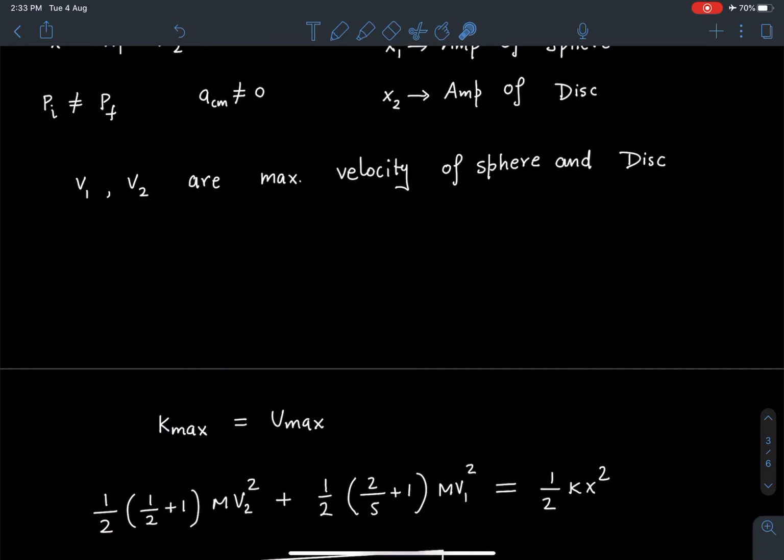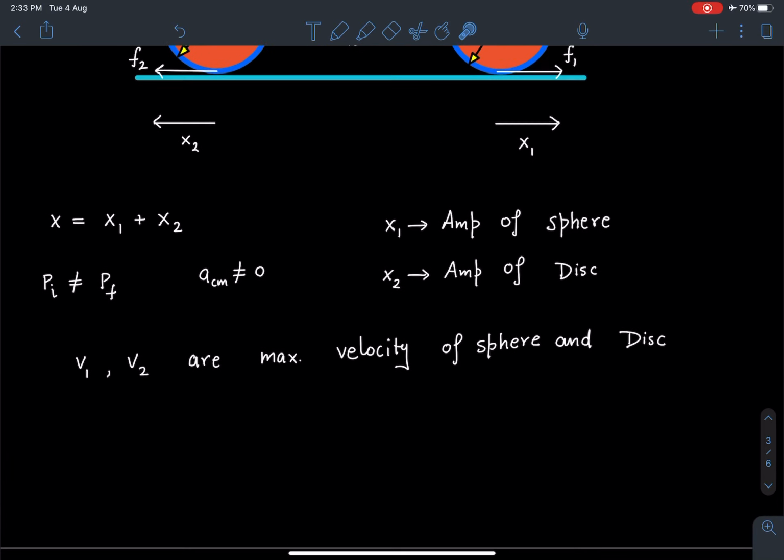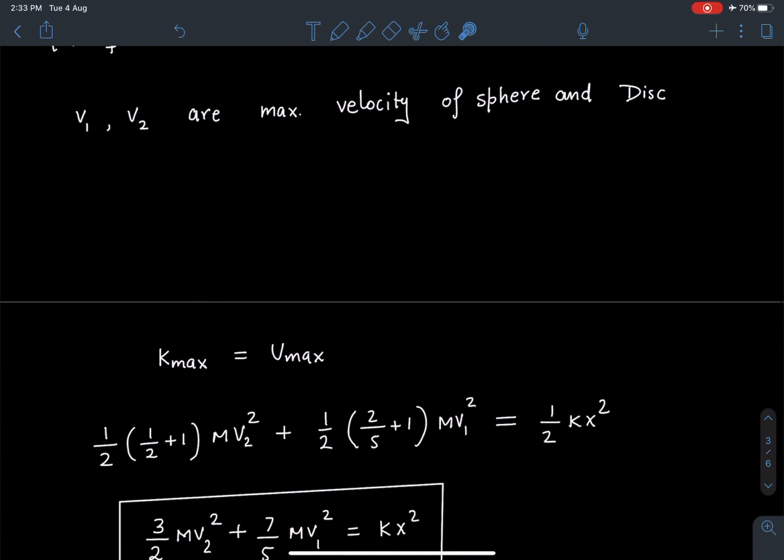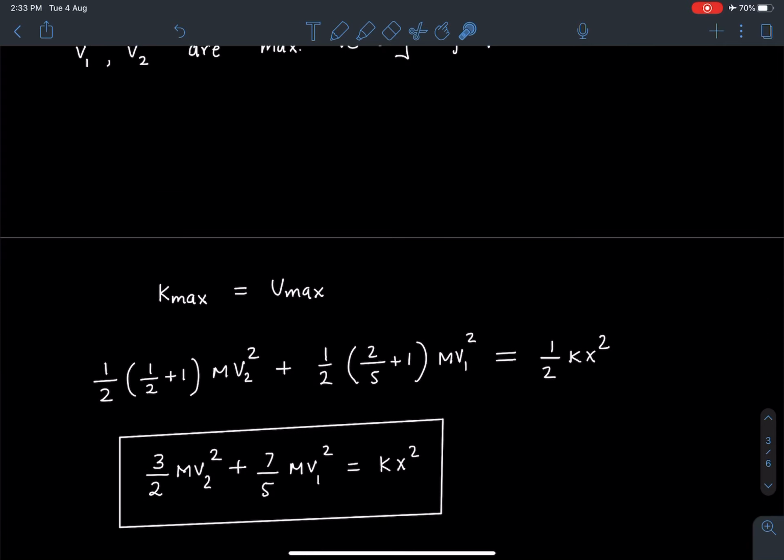The next part, now I can apply the conservation of energy at extremes. So that is K max, maximum kinetic energy, is equal to maximum potential energy. I'll be using that formula, half (lambda plus 1) m vcm square. Lambda for disk is 1 by 2, velocity of center of mass is v2. Similarly for a sphere, lambda is 2 by 5 and vcm is v1.